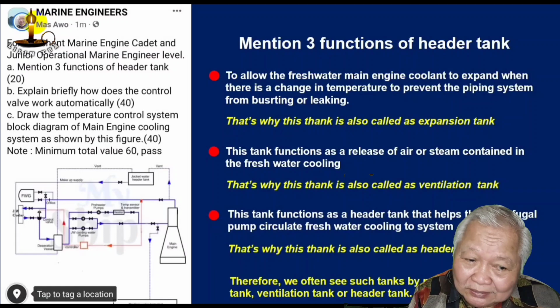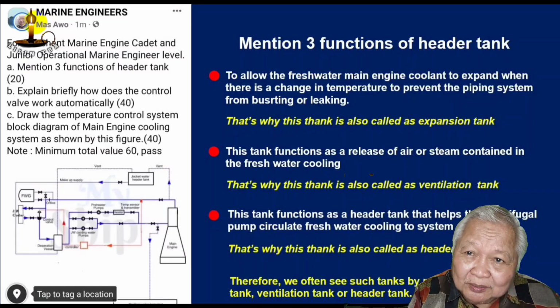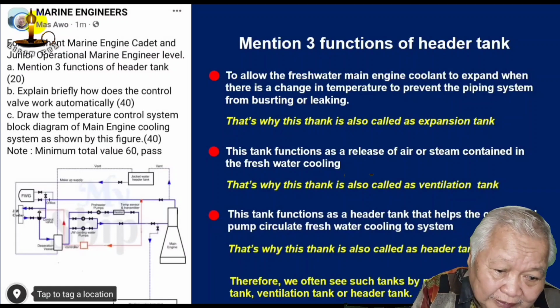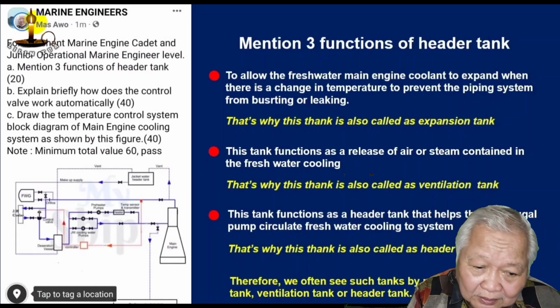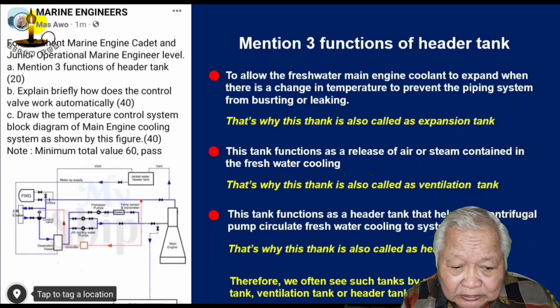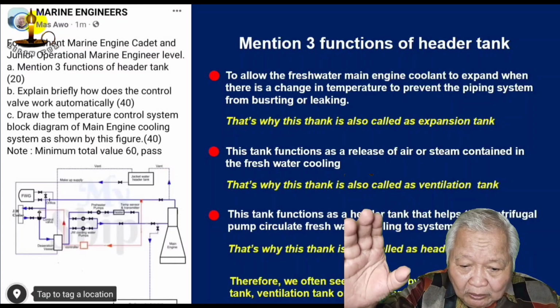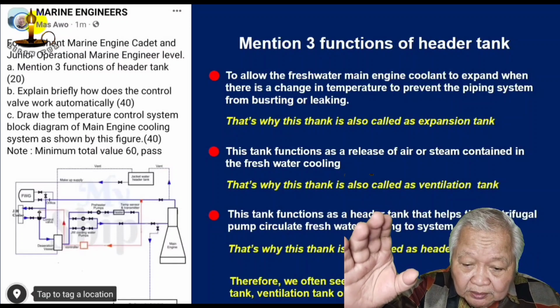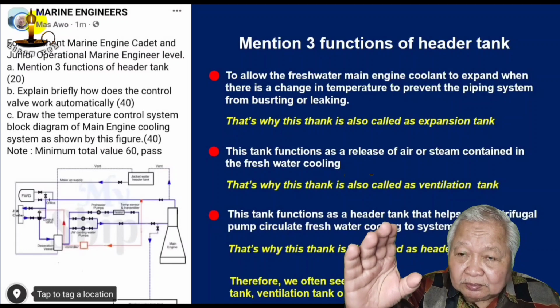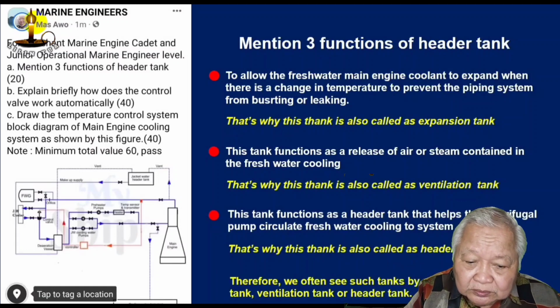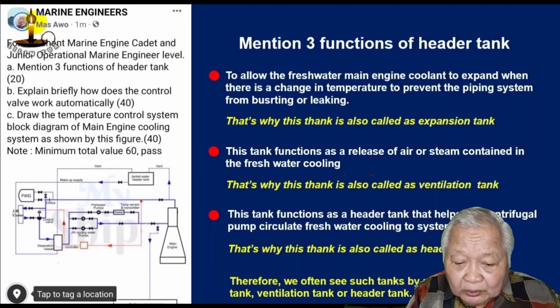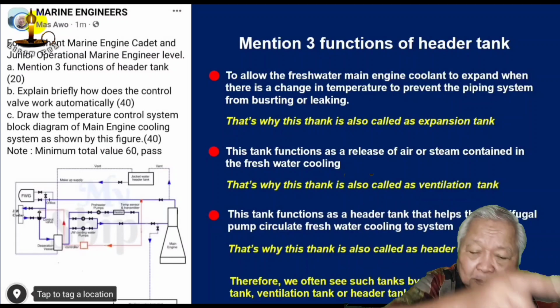That's why in the picture you see the name of this tank is the heater tank, because this tank helps the centrifugal pump to circulate freshwater cooling to the system.